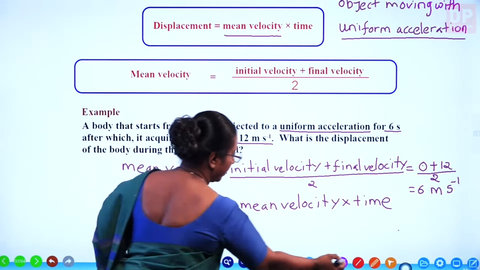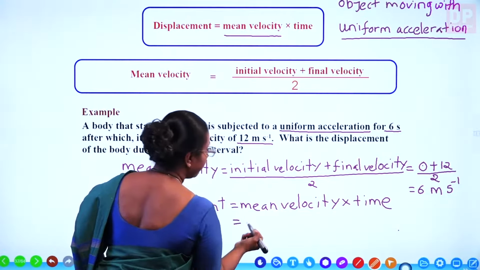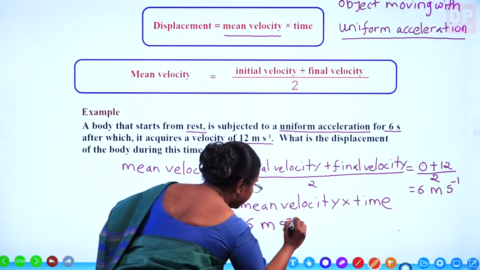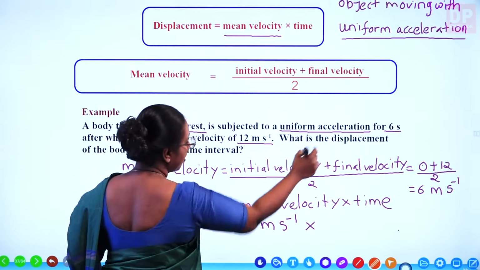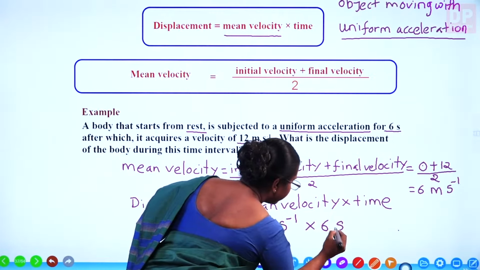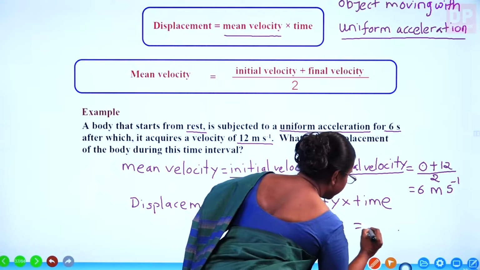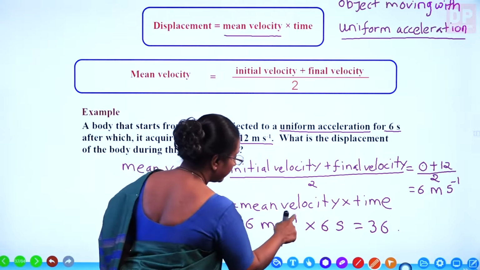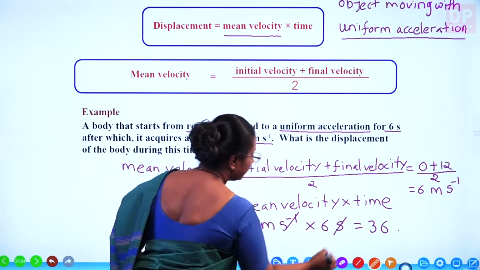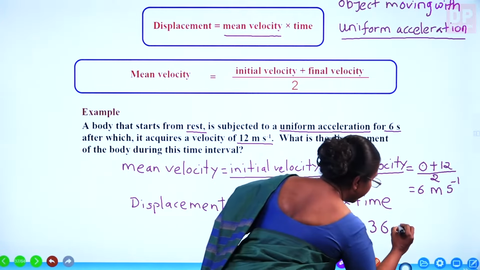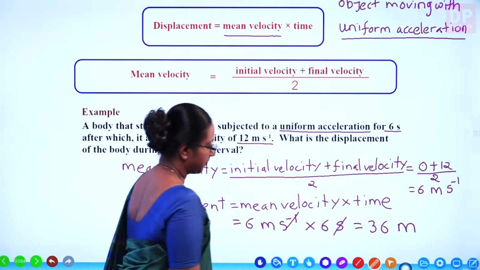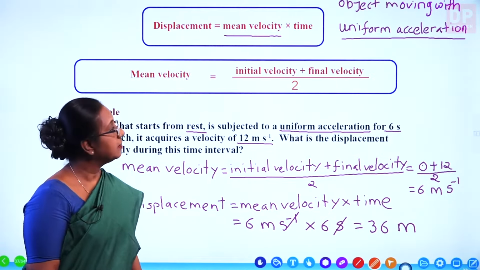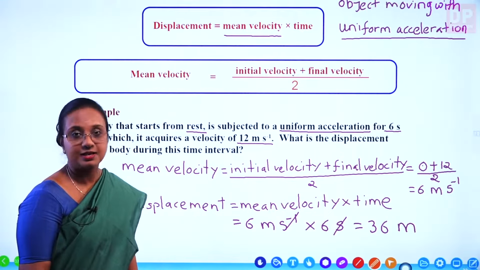So here you can see we already have the value for mean velocity, 6 meters per second, and the time we know from the question, 6 seconds. So 6 into 6, it's going to be 36. To find the unit, the second minus 1 and second will get cancelled off. You will end up with the unit meters. So that is the displacement of this object that moved with uniform acceleration.